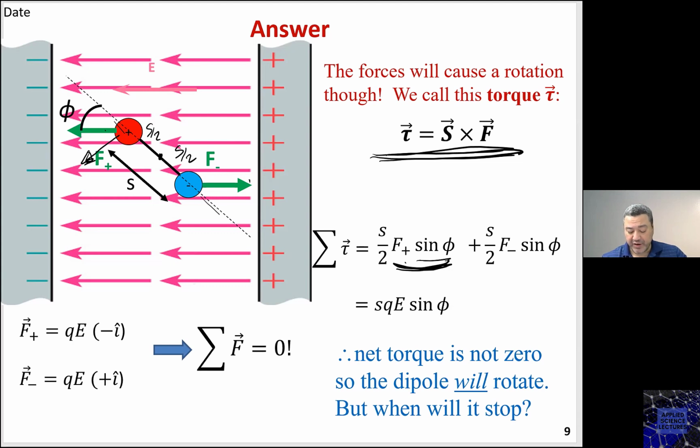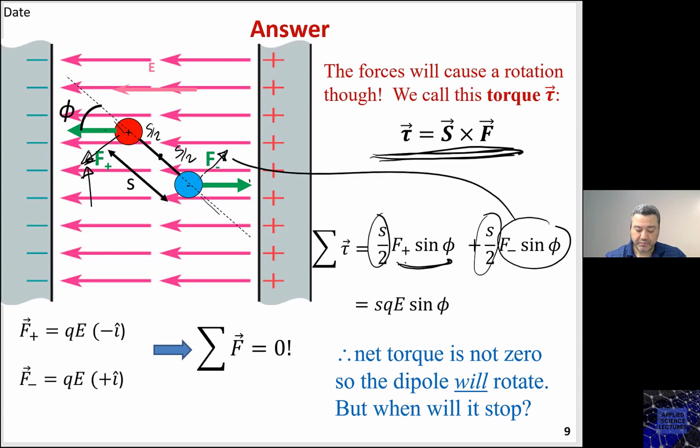So I have here S over 2 times F plus sine phi, which is this force, S over 2 times F minus sine phi, which is this component, right? And this one is the other component here.